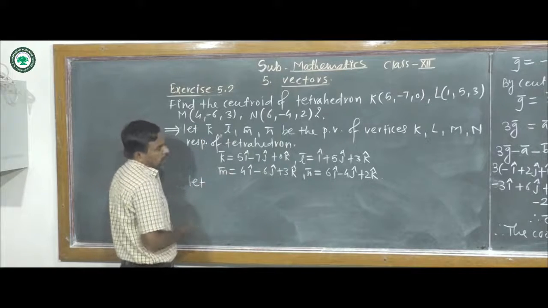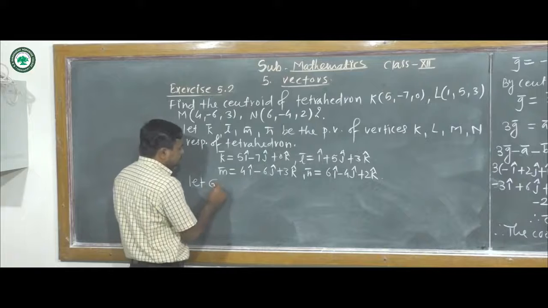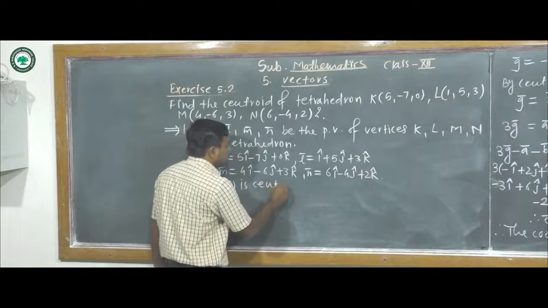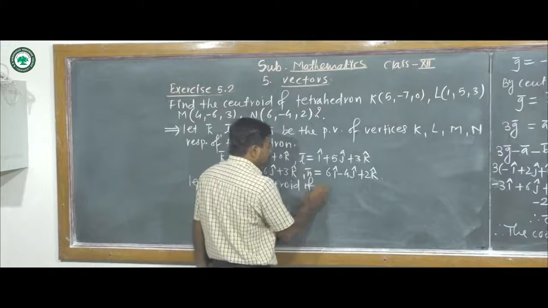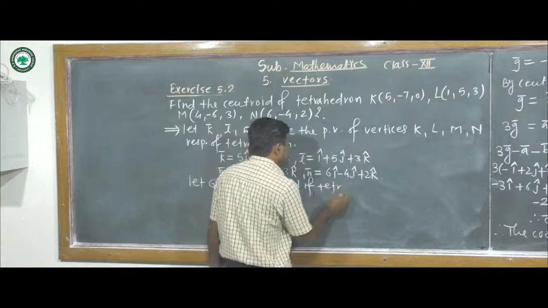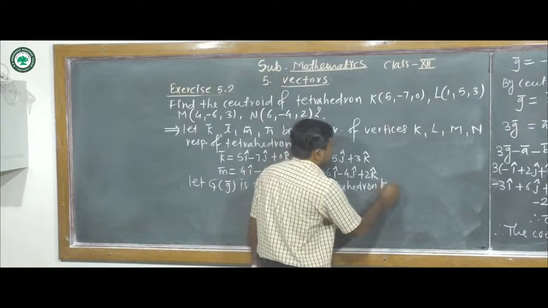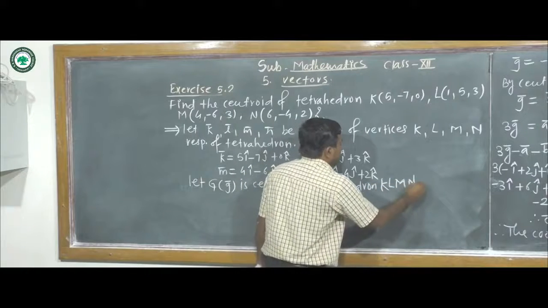Here we consider capital G with position vector z bar as the centroid of tetrahedron KLMN.